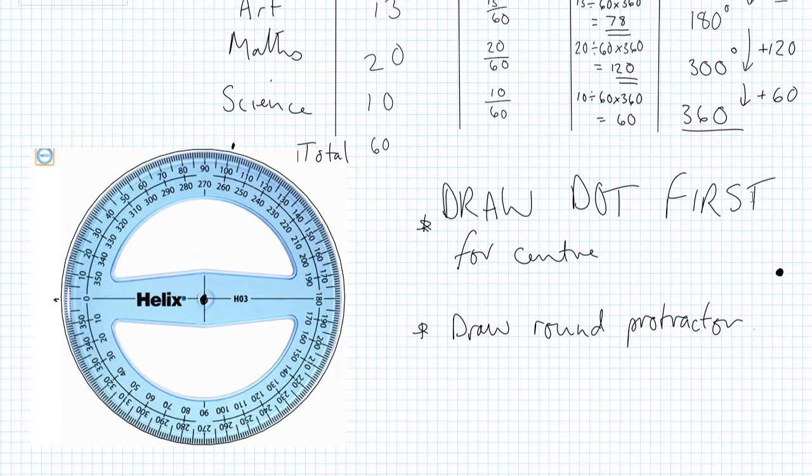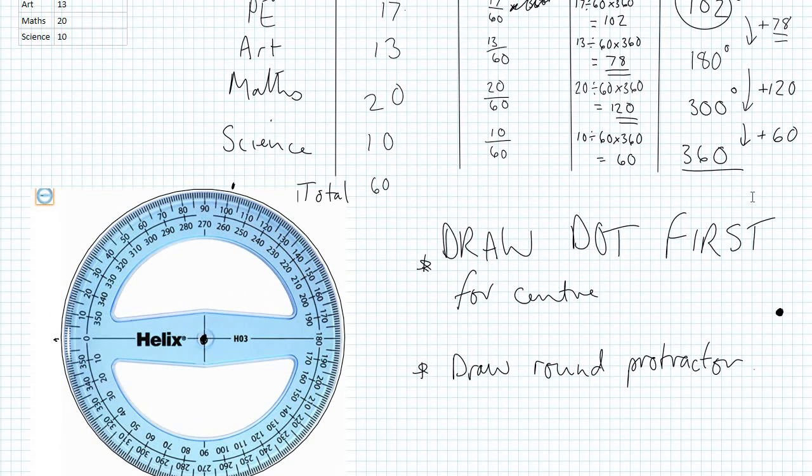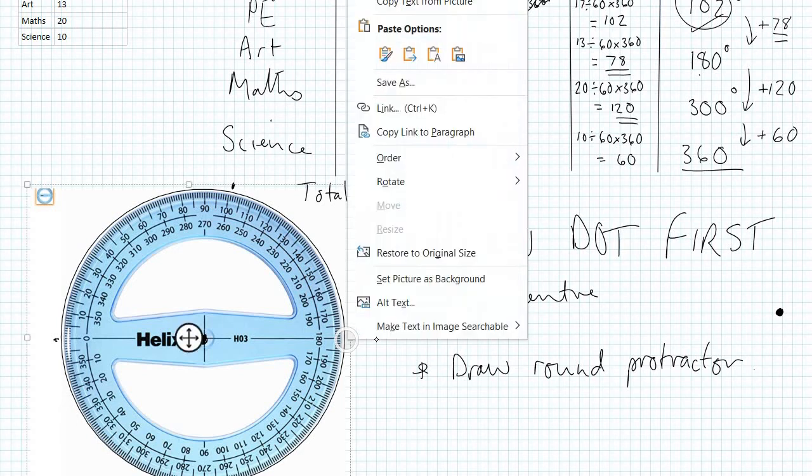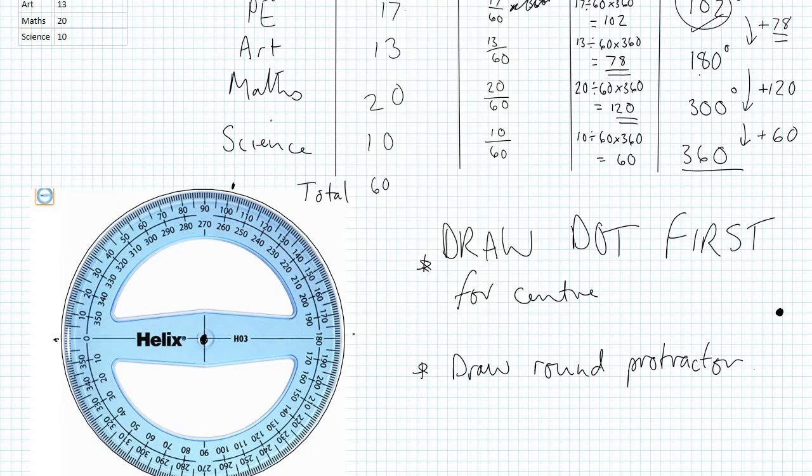My next point that I need to mark is 180. So I've done that, 102. Now I've got 180. So I'm counting around 110, all the way around to 180. I think it's because I'm drawing on top of a picture. Okay, that's there, and then that's done.